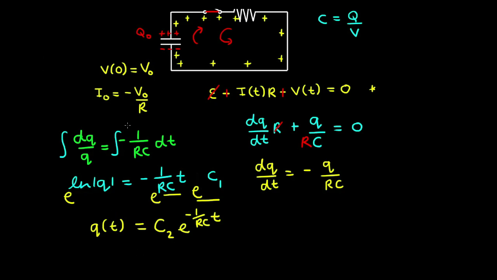So in this case, our initial condition is the charge on a capacitor at time 0 is equal to the initial charge, Q0. So that gives Q0 is equal to C2 by e to the power of 0, which is 1. So therefore our constant of integration is equal to the initial charge stored on a capacitor.